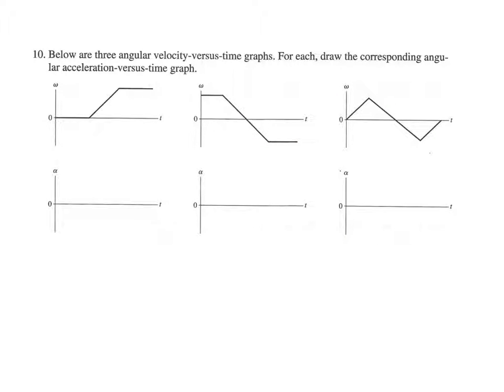All right, these are easy, right? We're going from velocity to acceleration. Slope of a horizontal line is 0. It's a positive slope, so I have positive acceleration, and then back down to 0. I have 0 in the first part here. I have negative. It's pretty big, so I'm going to drop it down a little further than what I did on the first one. And then back to 0.